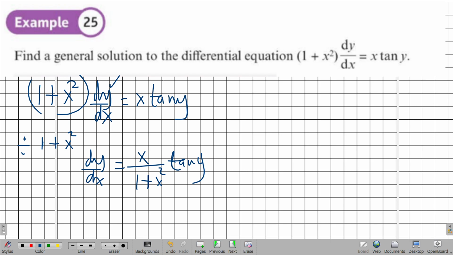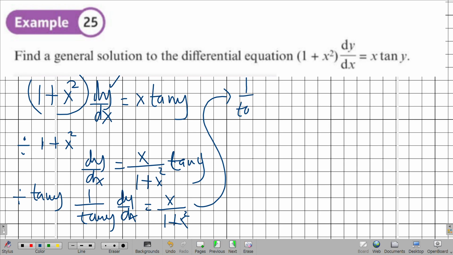And I'm going to divide again both sides by tan y. I'm just rearranging. I'm going to have 1 over tan y times dy over dx is equal to x over 1 plus x squared. And finally, the separated variables are 1 over tan y dy is equal to x over 1 plus x squared dx. Now we solve.